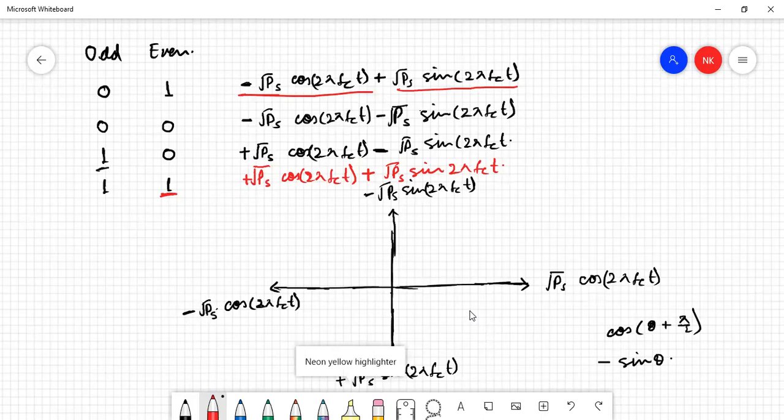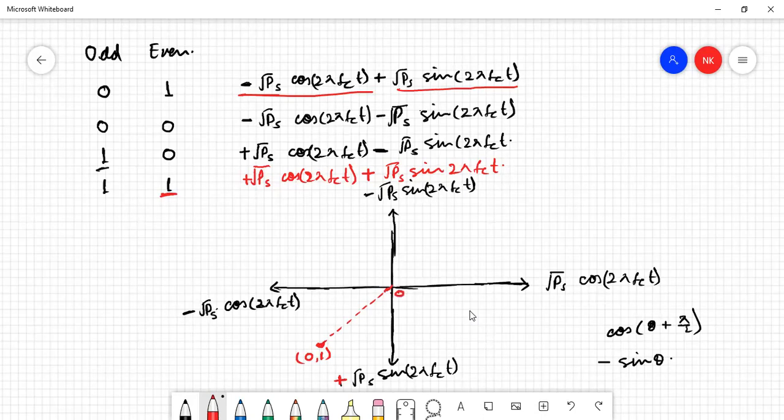So we are getting here this value as plus root under Ps sine 2 pi fct and minus root under Ps cos 2 pi fct at this place. So we have the point 0 1 at this place, approximately at this place. Okay. And here is the distance of this point from this 0, 0.